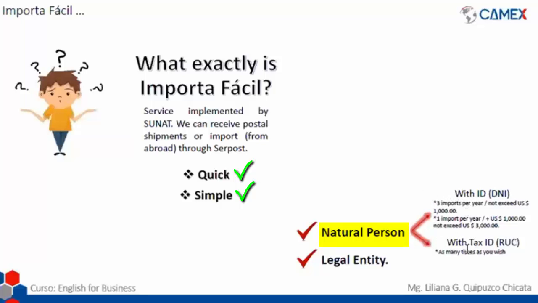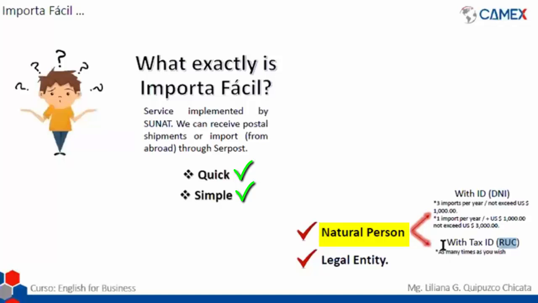But if you're going to import in order to sell, you need to have your ID, your RUC. It could be a natural person with business RUC. That is a special regimen that you could see a little more on our course of import procedures.